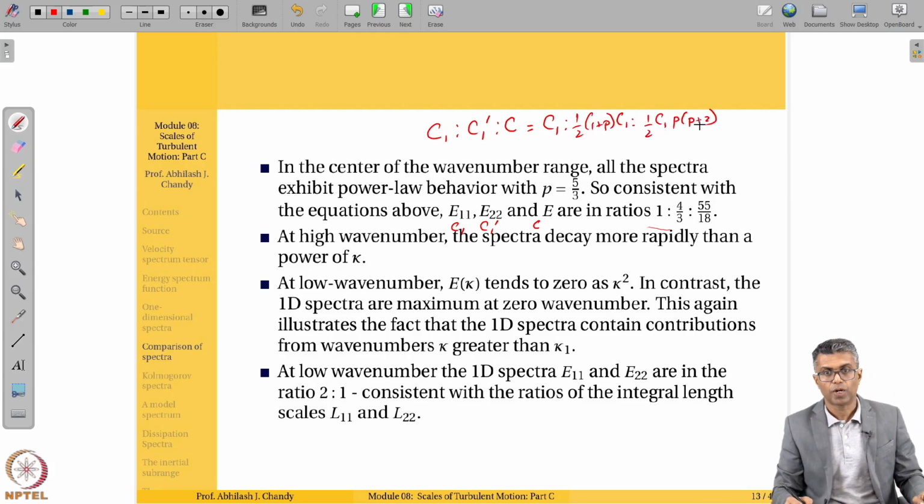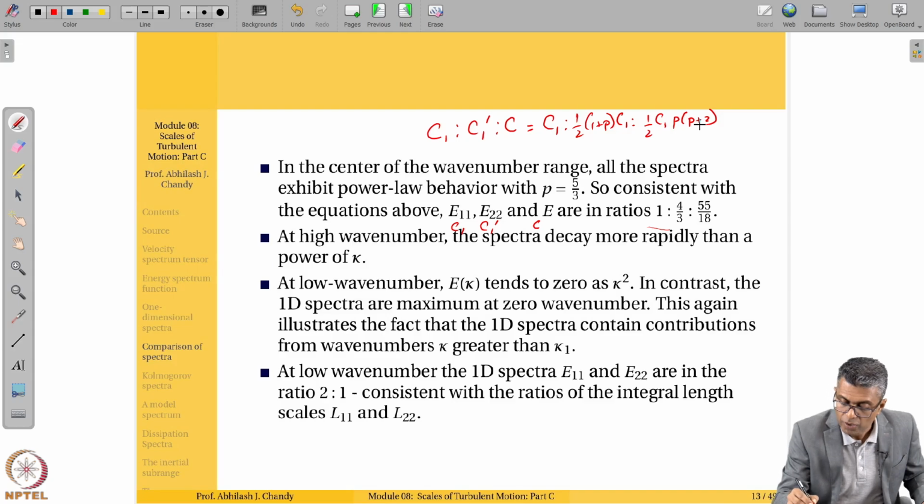Isn't it? So if P is 5/3, then this is 4 over 3 C1.